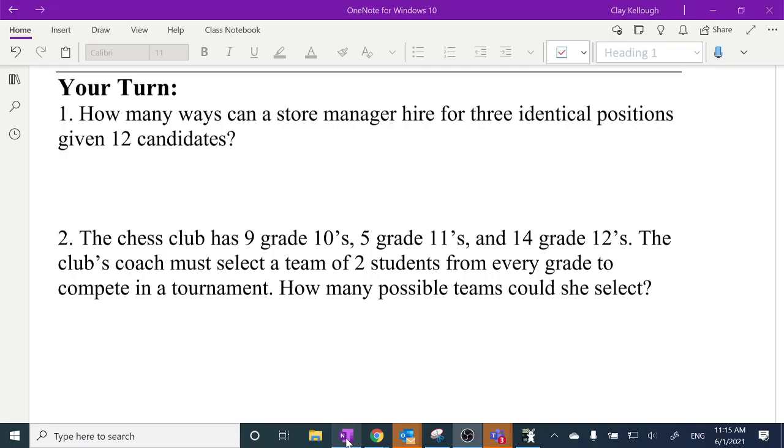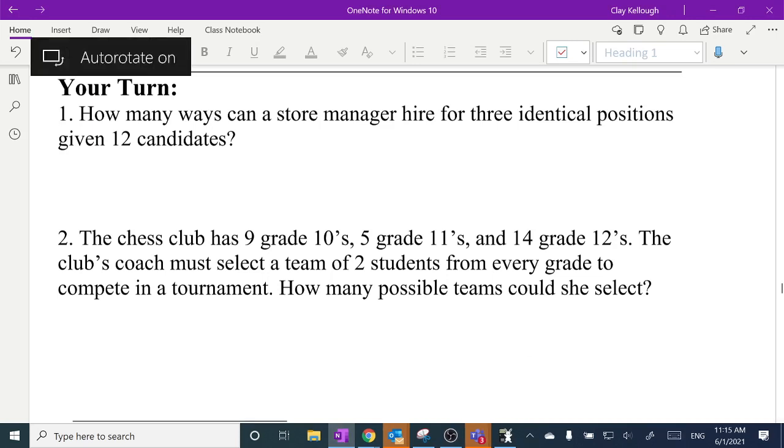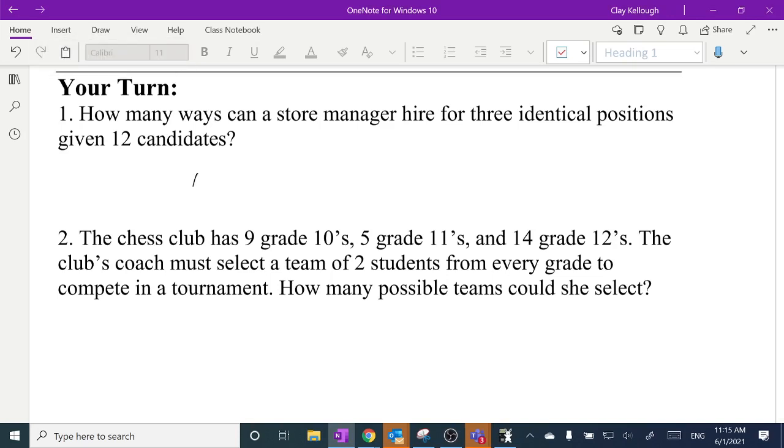Okay, we're back. And here we go. How many ways can a store manager hire for 3 identical positions given 12 candidates? 12 choose 3. I wouldn't use a calculator for 12 choose 3. I mean, I could.